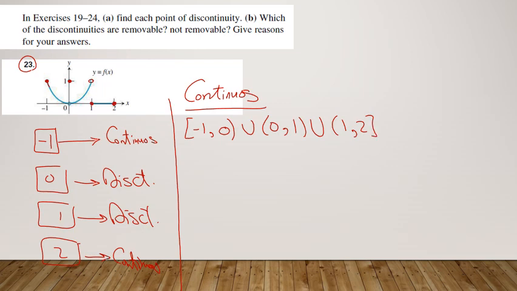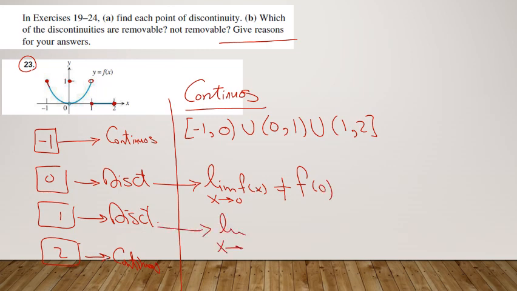Otherwise, the function is discontinuous at the point 0 and the point 1. Give reasons. The reason here, discontinuous here, is because the limit as x approaches 0 for the function is not equal to the function of 0. Give a reason here, because the limit when x approaches 1 for the function is not equal to the function of 1.